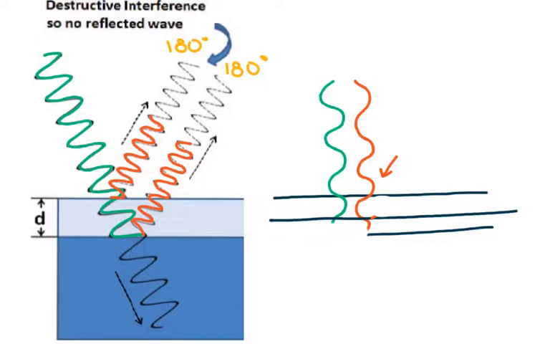When it reflects, it will look like this because it's phase shifted. So it's going to go like this. But now this wave is in the same phase as the one that is coming in. So they are in the same phase.